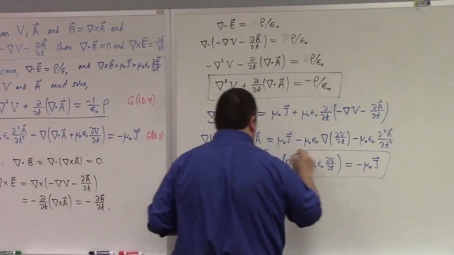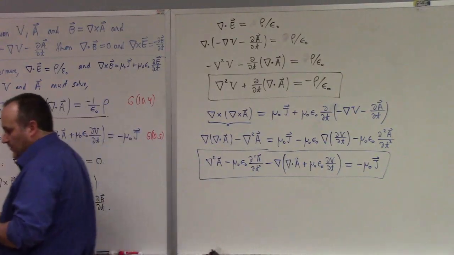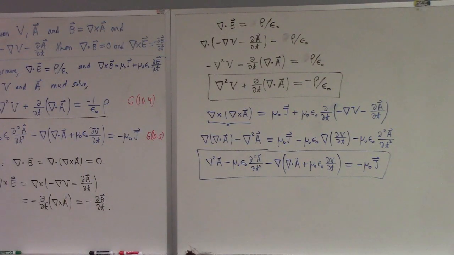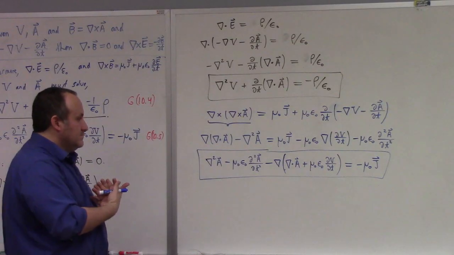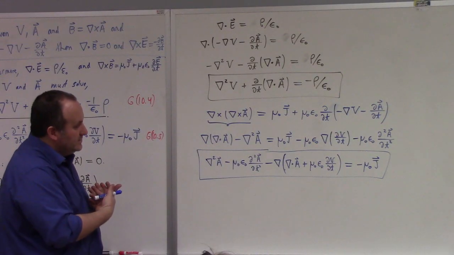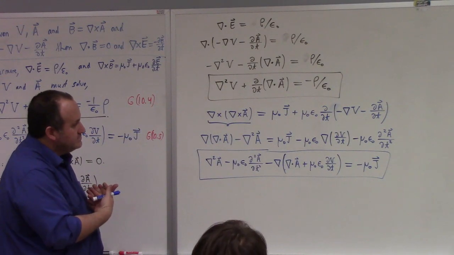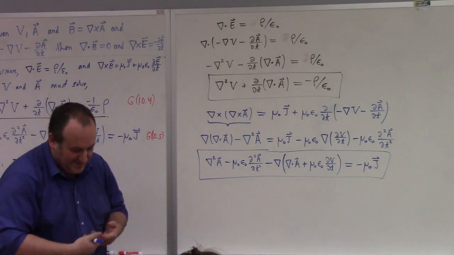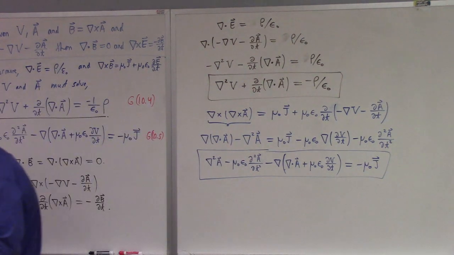That is the other equation which the potentials must solve. These two boxed equations I've just written are the implication of Gauss's law and Ampere's law with Maxwell's correction for the potentials. These are the equations we must solve. Kind of scary, huh? A little bit scary.